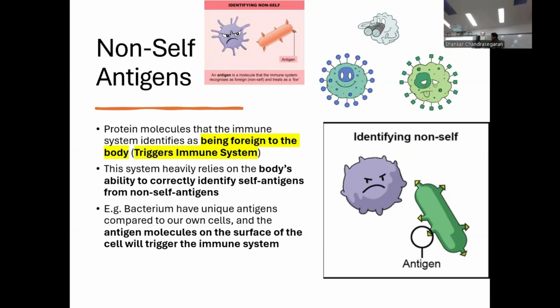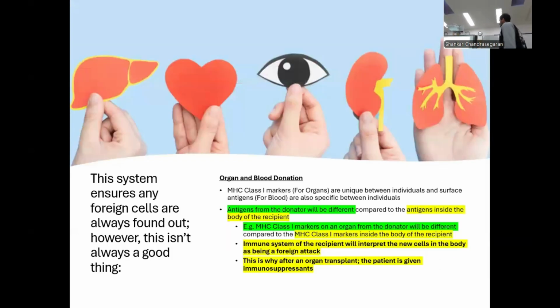As soon as a cell detects the fact that it doesn't have the right antigens, it will immediately send signals to your immune system to trigger an immune response. As a result, your body will be aware of the pathogen and will start to trigger systems to combat it.